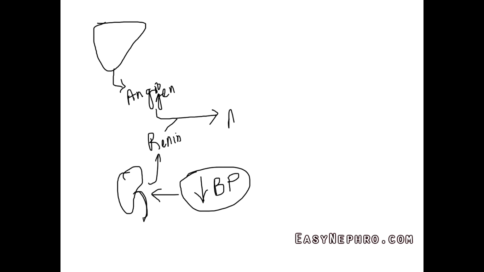Just like that, renin is released into our systemic circulation under the influence of low blood pressure or low perfusion to the kidney specifically. This makes the kidney release renin. What happens is that angiotensinogen is cleaved by renin to form a decapeptide called angiotensin 1.